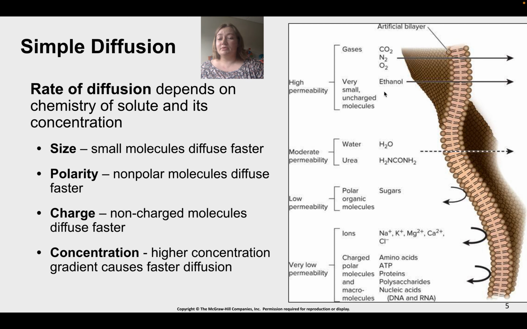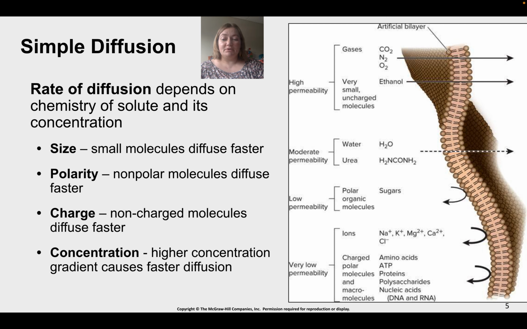Some other molecules might have a polarity associated with them. Typically, if it has a polarity, it's not going to be able to go through simple diffusion, though there are a few exceptions. If the molecule is relatively small, even if it has a polarity, let's say water is a really common example here, it will be able to diffuse across the plasma membrane, but it's going to do so much more slowly.